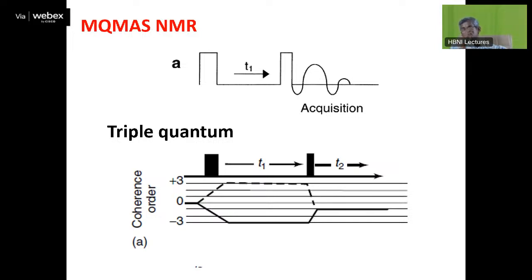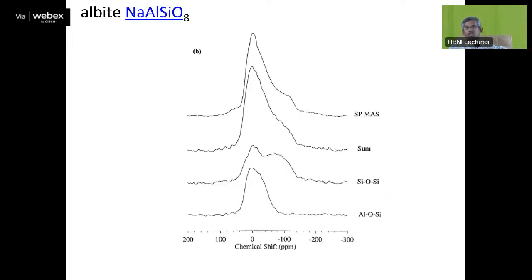Otherwise, it is very difficult to get a triple quantum transition with normal pulse powers. By using high power pulses, you can have a triple quantum transition and monitor it against the single quantum transition in MQ MAS, meaning multiple quantum magic angle spinning. So that is what we do here.